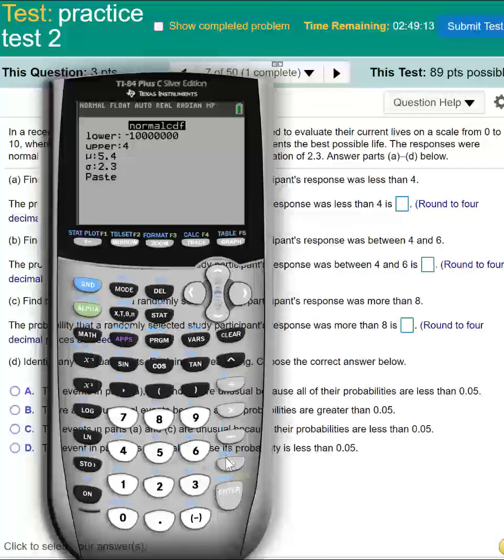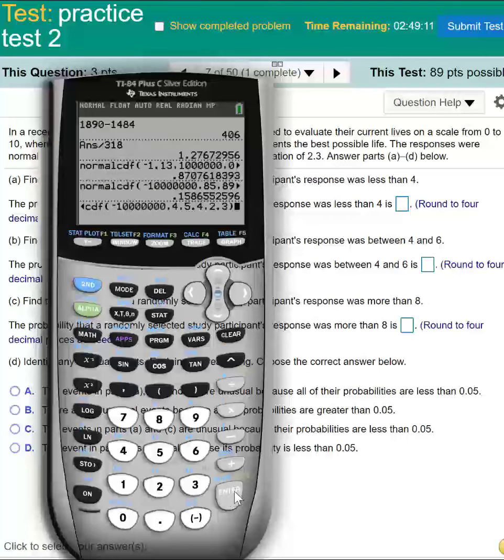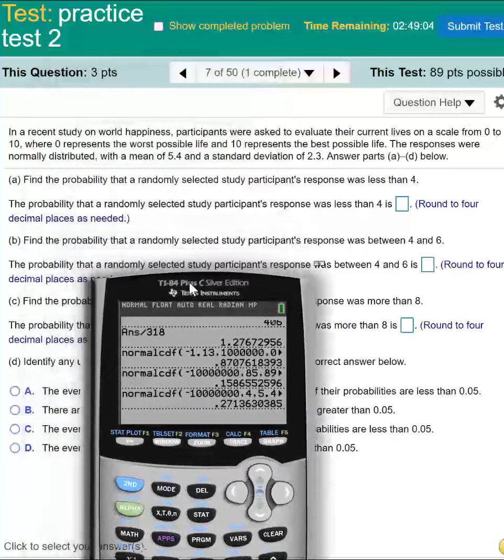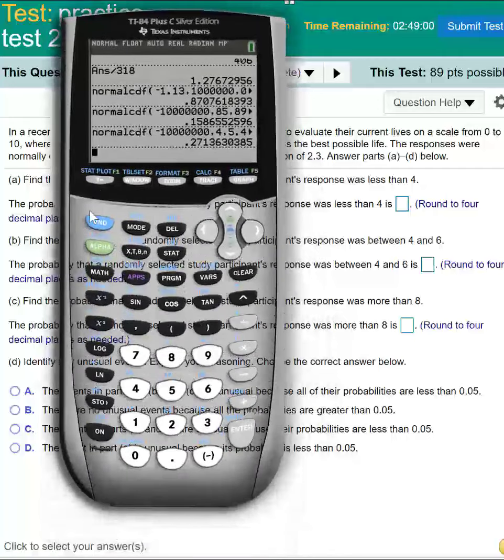Okay, and then paste. And you get the answer 0.2714.